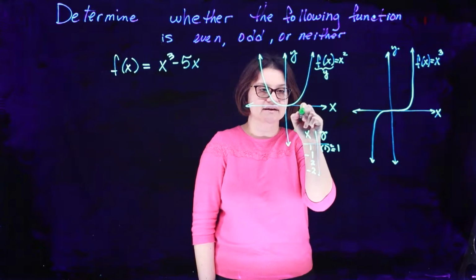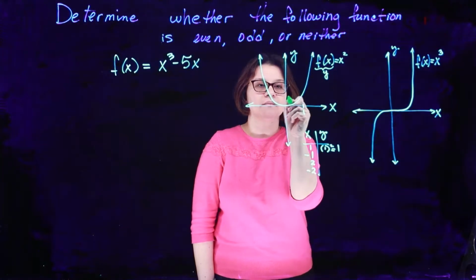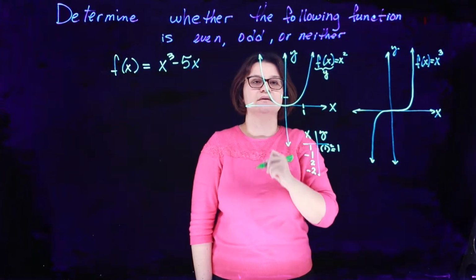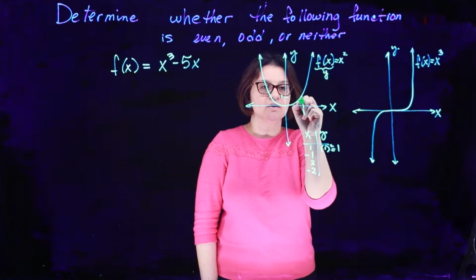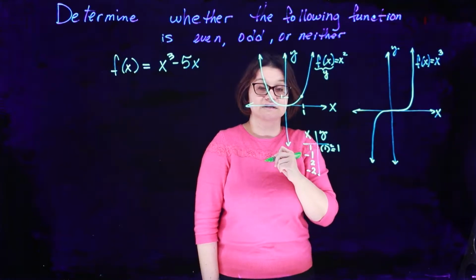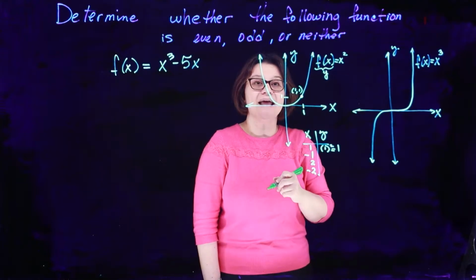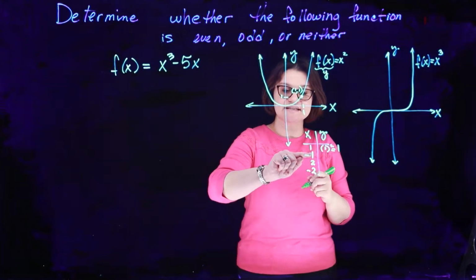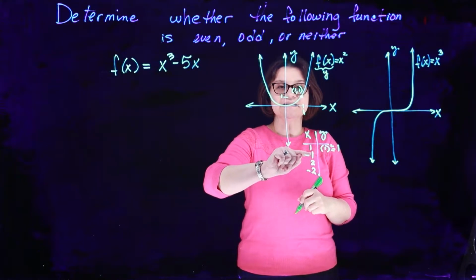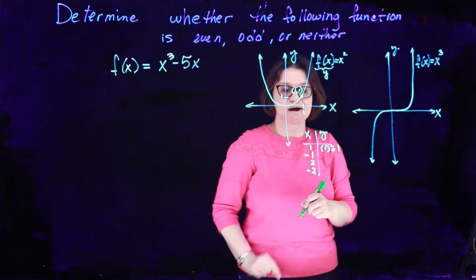Let's suppose that x is 1 right here, and y is 1 right here. So when x is 1, y is 1. This is our first point, 1, 1. Now let's consider the second coordinate for x. Let's consider x being -1.